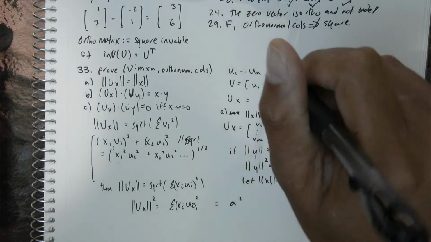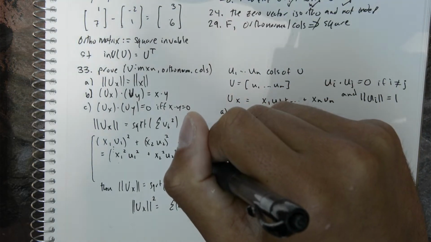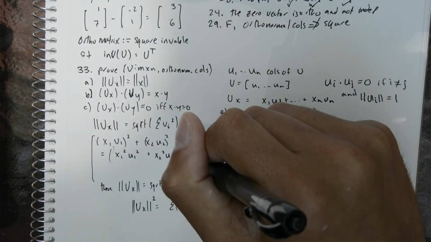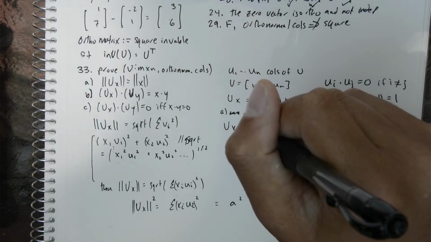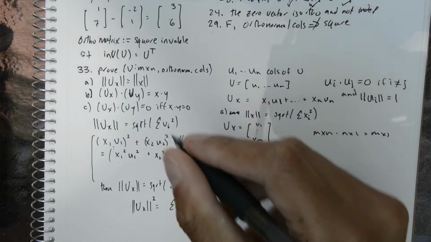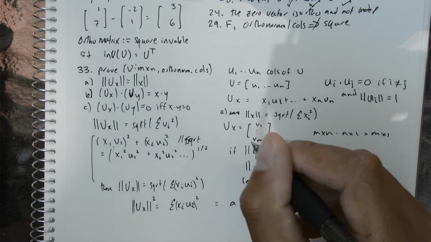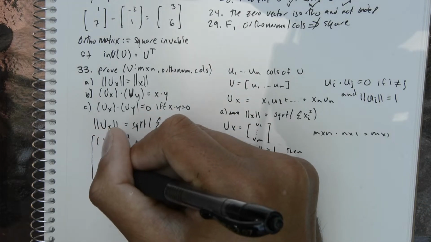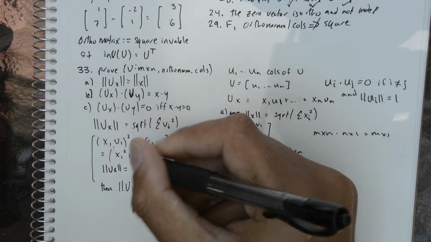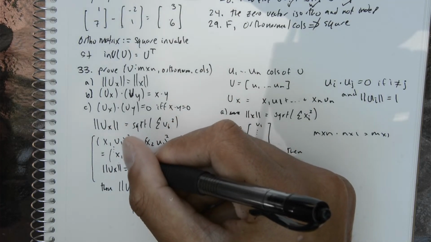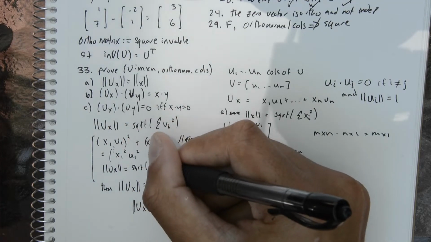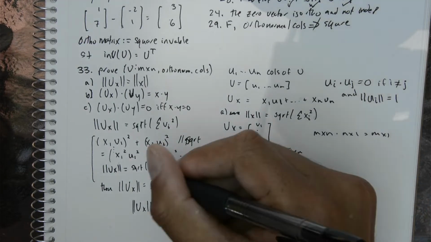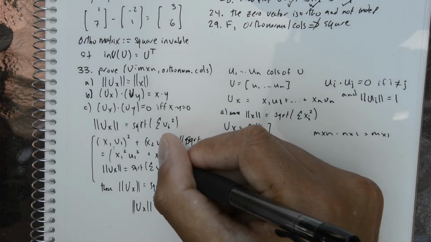Oh, but this sum. Wait, no, wait. The norm of ux is equal to the square root of the sum of vi squared.